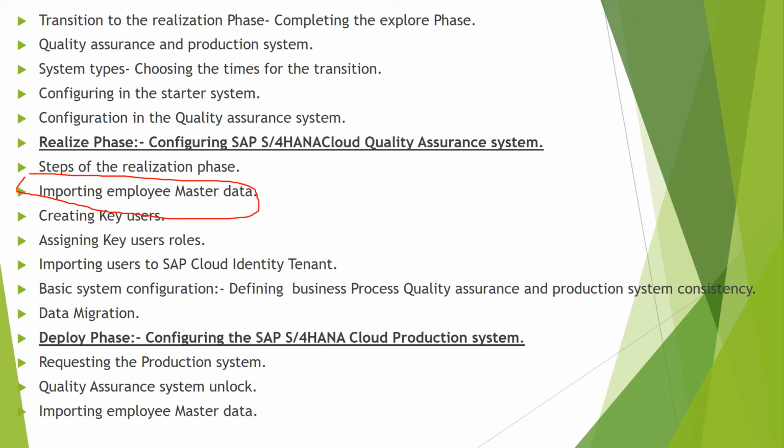So, creating key users. As in the starter system, we can also only create a limited number of employees in the quality assurance system. I mean, those who are really working on the UAT and the system integration testing, and other users, production users, if they really want that, or a key user who is going to test a new scenario.